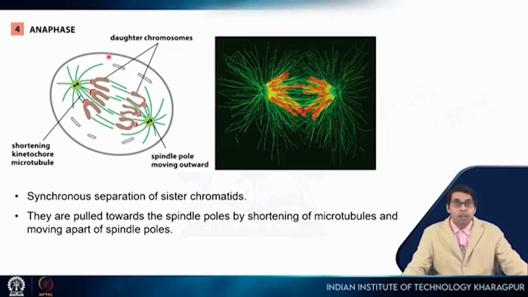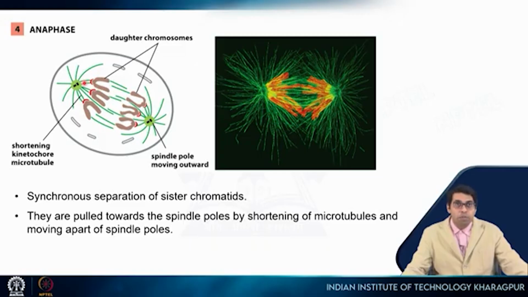The beginning of the anaphase is triggered by the degradation of these cohesin proteins. So there are proteases which get activated at this phase of the cell cycle, and they will degrade the cohesin, and once that happens, this glue is gone and the two sister chromatids are separated.